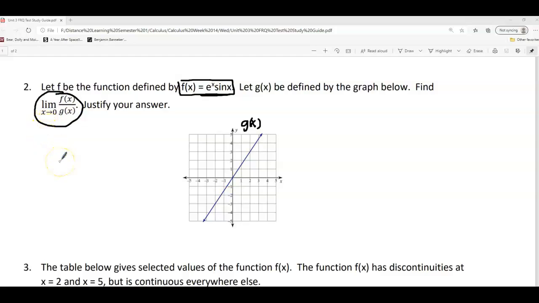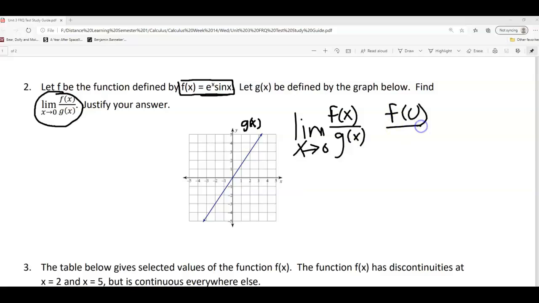All right, well, let's go ahead and do that. So the limit as x approaches 0 of f of x over g of x. The first thing I'm going to do is try some direct substitution. I'm just going to plug 0 into both of these.